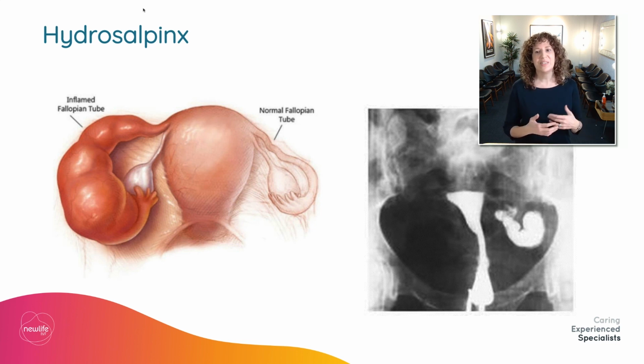So you might be thinking, why would I be worried about an inflamed tube when I'm doing IVF and not using that tube anyway? The fluid inside the tube can actually be a bit toxic to embryos. So even if we don't use that tube at all and we put the embryo back in, the fluid from that tube can leak backwards into the uterus and have a negative effect on the embryo implanting.